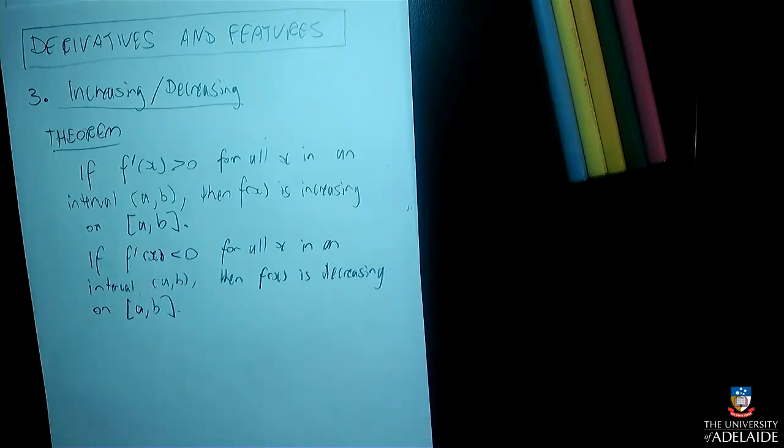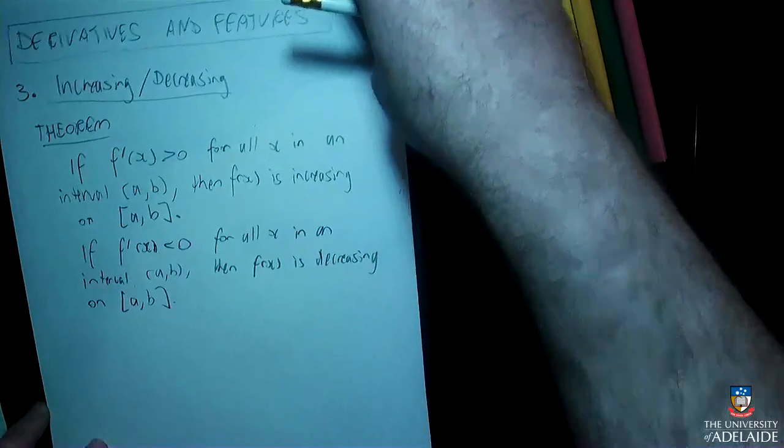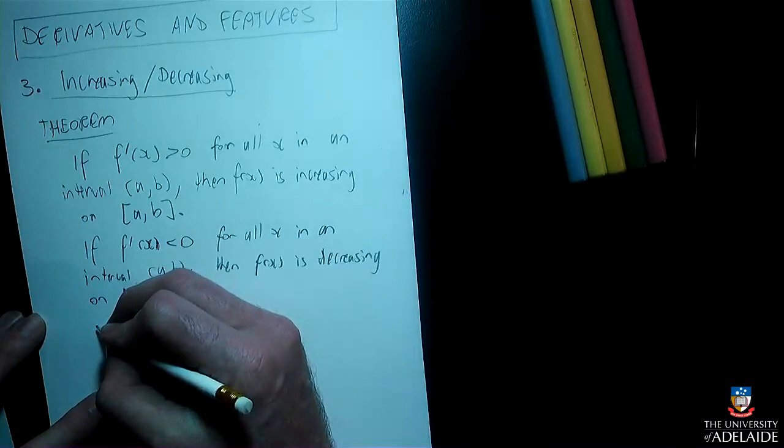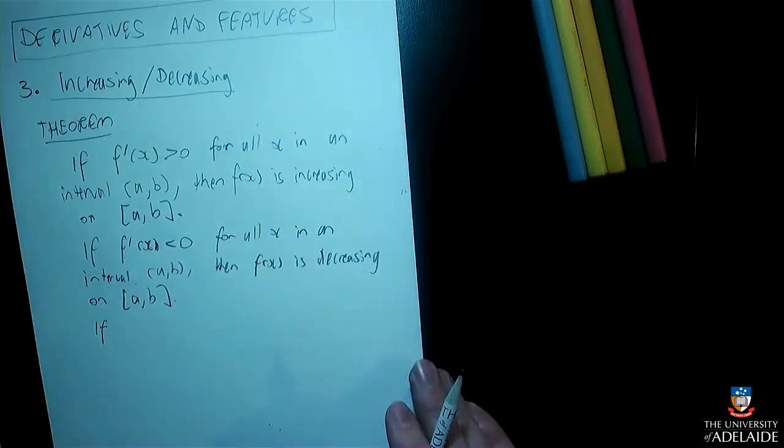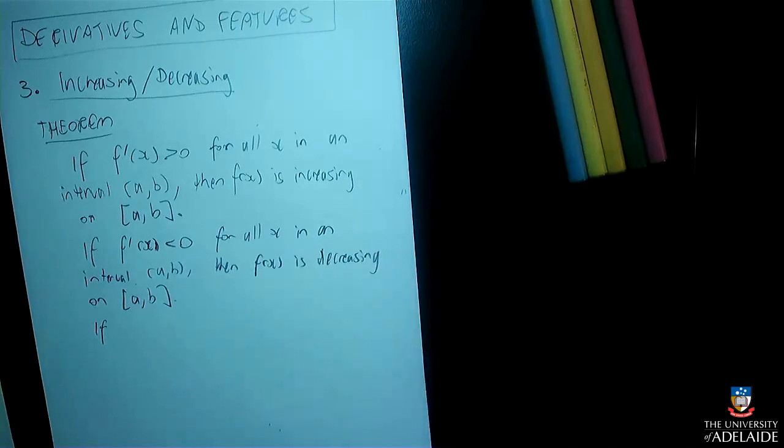So the other thing I mentioned was the turning points. How do you find a turning point? Well, it's between an interval where it's increasing and an interval where it's decreasing. So if f'(x) is positive in an interval on one side, and negative in an interval on the other, then it's a turning point.